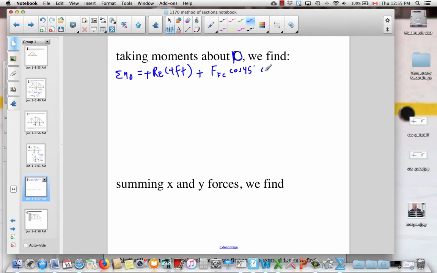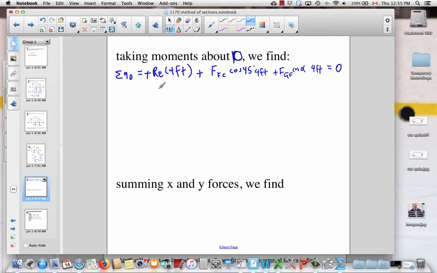Both of these act 4 feet. So the cos alpha component acting 4 feet away, and all of that sums to 0. There we are, equals 0.